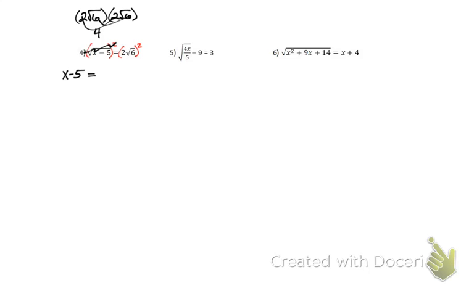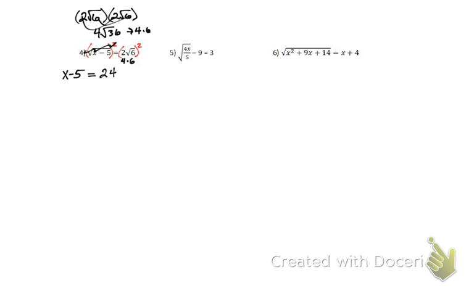Root 6 times root 6 is root 36. Well, that's going to be 4 times 6, or 24. Or again, you could have just squared the 2, squared the root 6. 4 times 6 is 24. Either way you really want to go about it, that's what you get. You get x minus 5 equals 24.